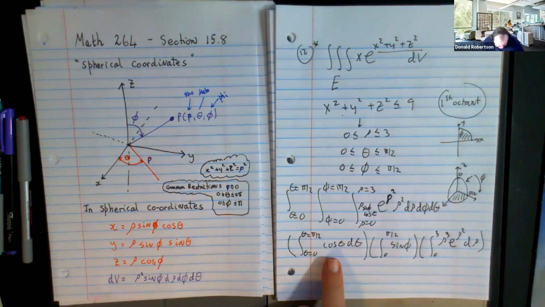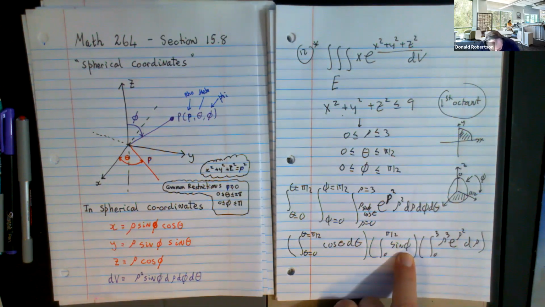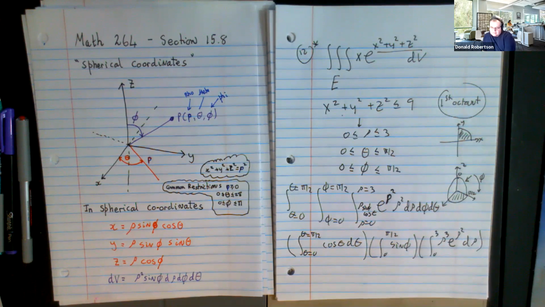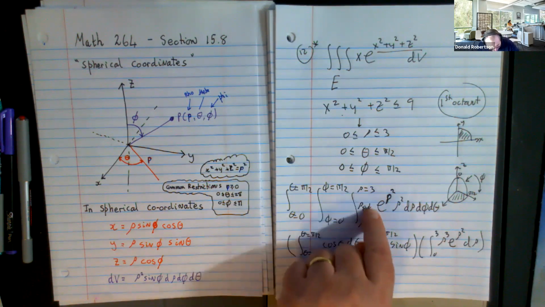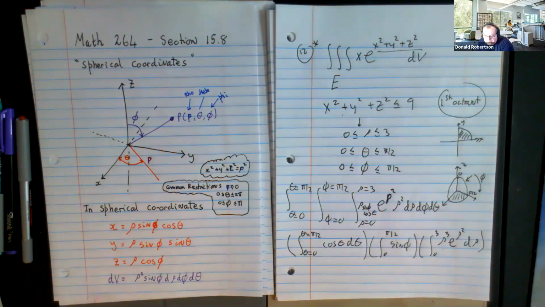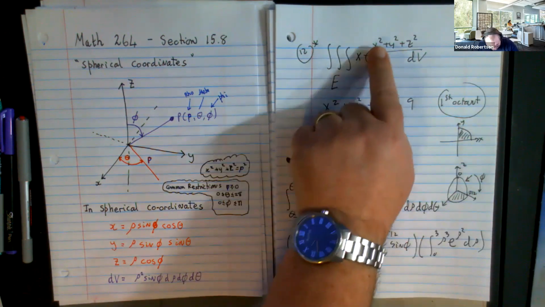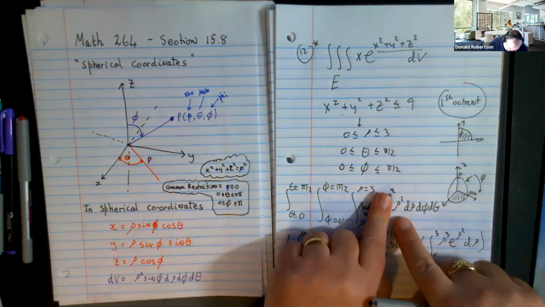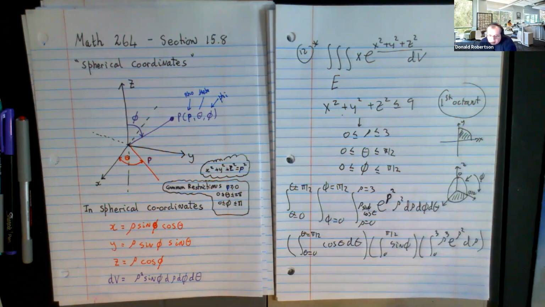So you get a cosine theta, you get a sine phi, and you get this fella. That little scrunched up mess is X, and that's e to the rho squared, and that's essentially the dv part.